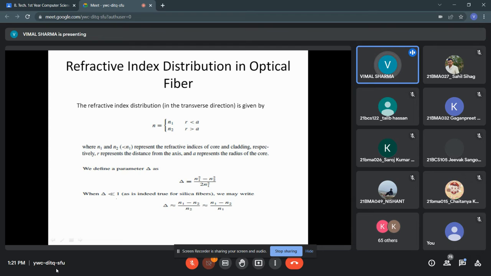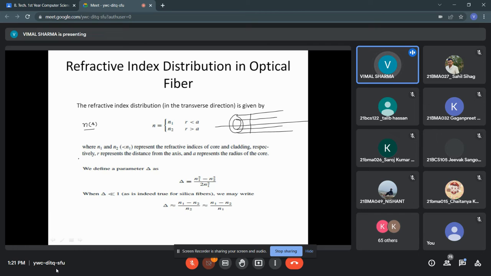For an ordinary optical fiber, this is how we give the distribution. This means that we write the refractive index as a function of r, where r is the radius of the core or the radius of the optical fiber. This is my optical fiber, and this is the axis of the optical fiber, and this is the transverse direction, transverse to the axis of the optical fiber.